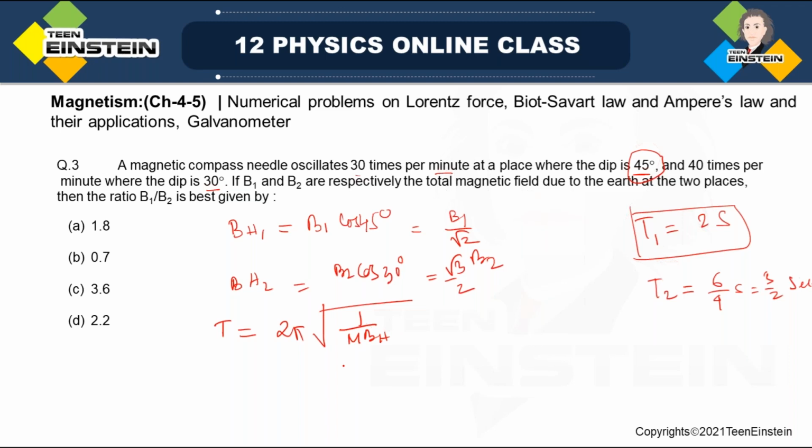Okay, so this is the relation between the horizontal component of the magnetic field, the magnetization M, and also the time period of oscillation.